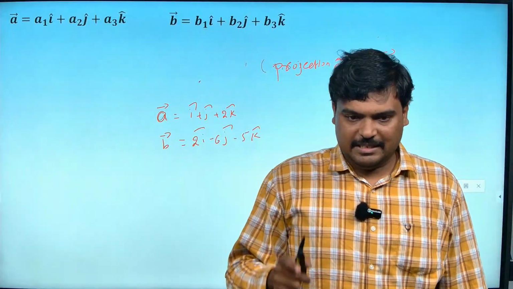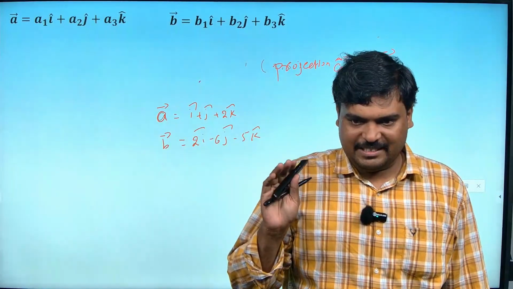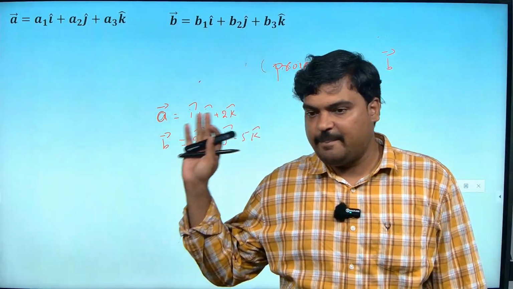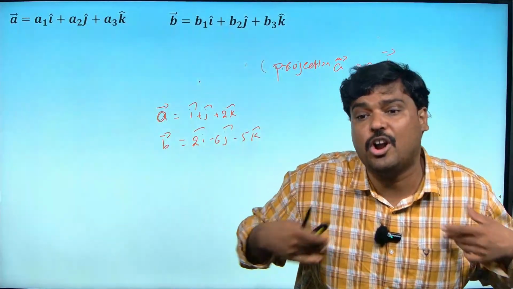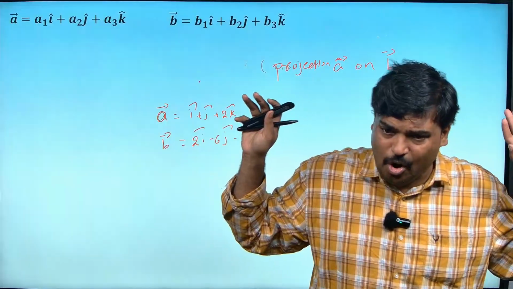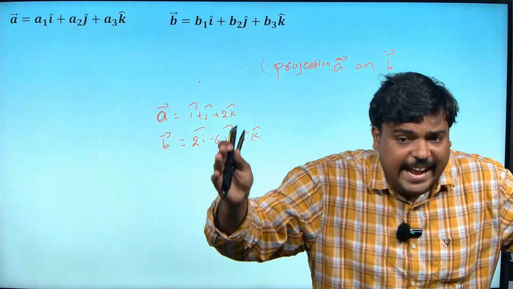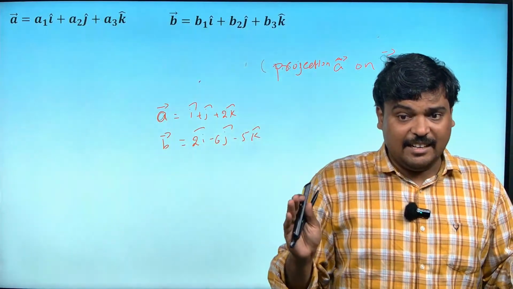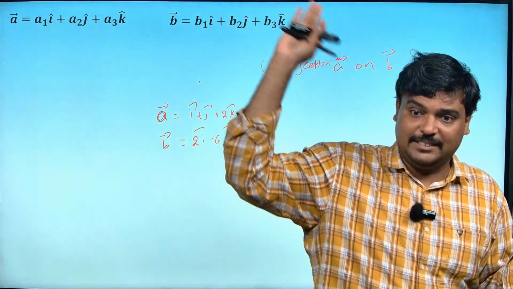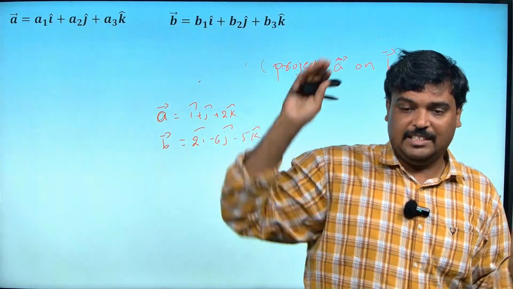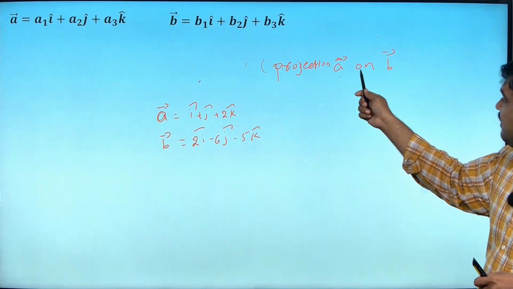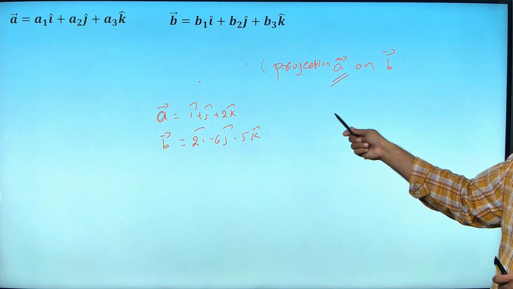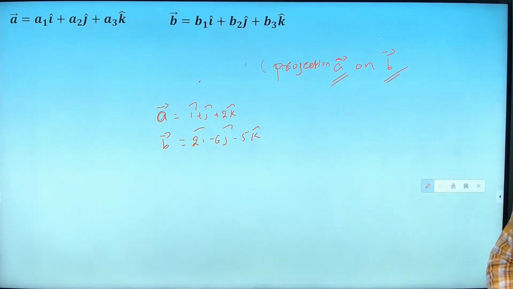b has already gone in one direction with its own magnitude. I will take that vector's direction and send the a vector through it. That is, projection of a on b means I'll send my a vector in the direction of b vector.